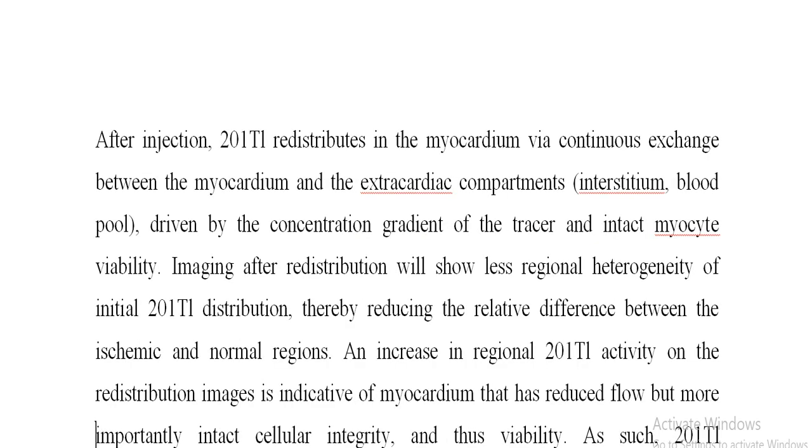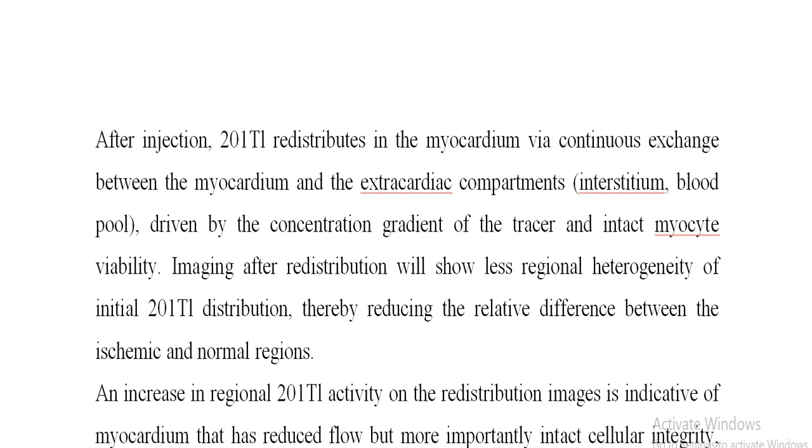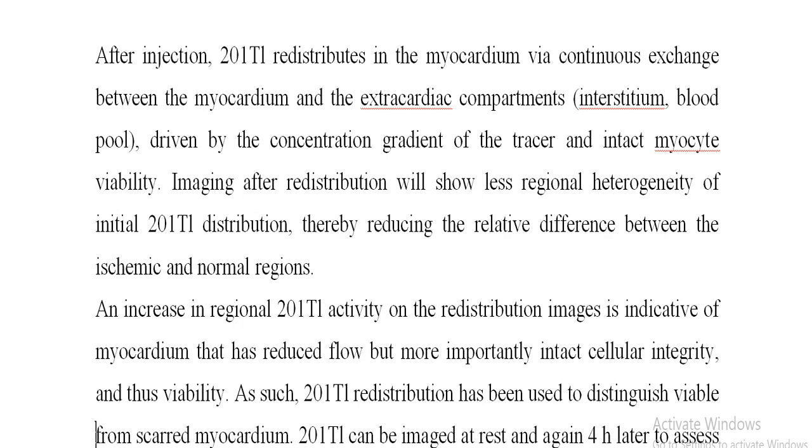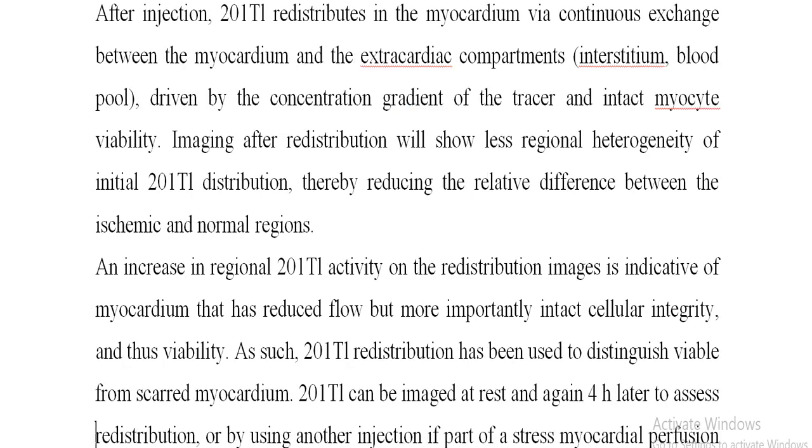An increase in regional 201Tl activity on the redistribution images is indicative of myocardium that has reduced flow but, more importantly, intact cellular integrity, and thus viability. As such, 201Tl redistribution has been used to distinguish viable from scarred myocardium.